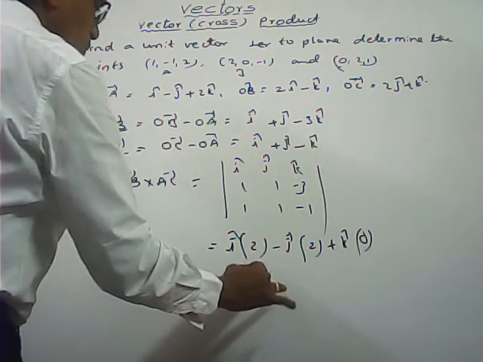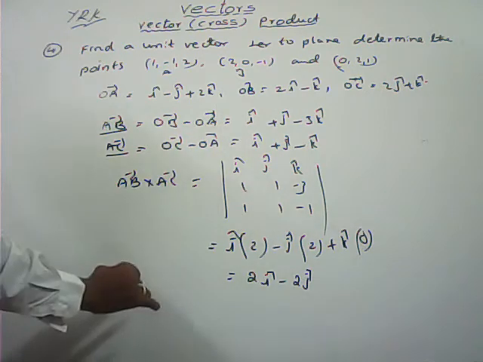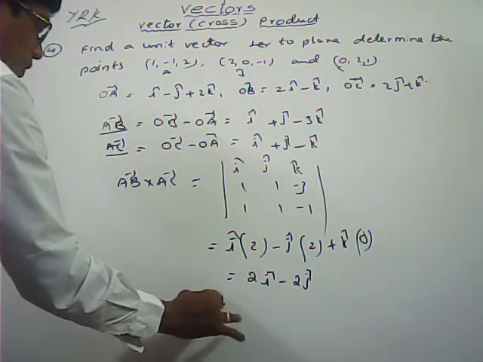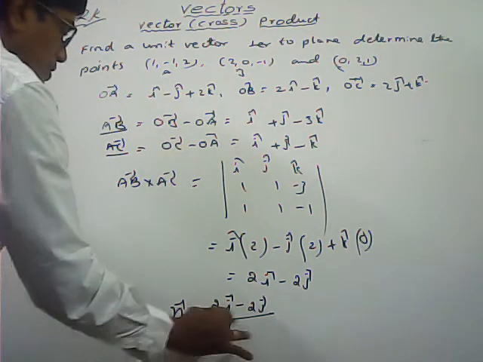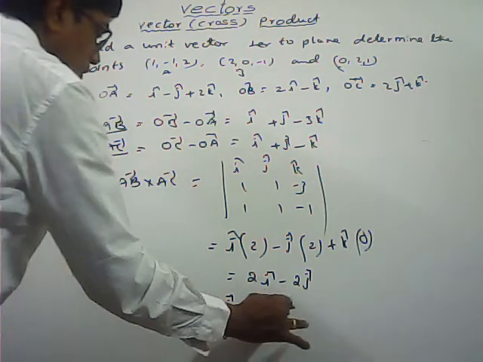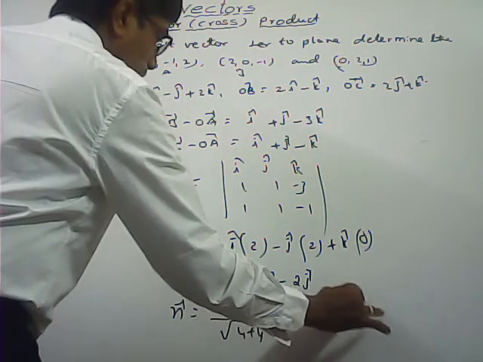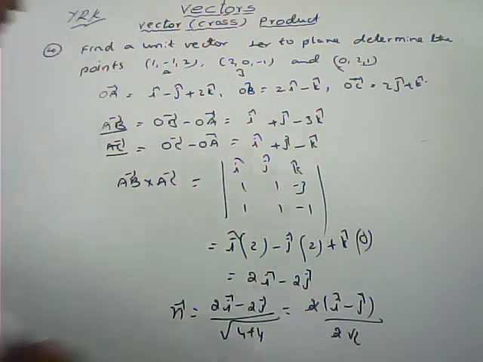So 2 i cap minus 2 j cap. Here what are they asking? Unit vector. So AB bar cross AC bar, 2 i cap minus 2 j cap, upon its modulus, root of x square plus y square plus z square only. If I take 2 as common, i cap minus j cap, and 8 we can write as 2 root 2. Here 2 we can cancel. So i cap minus j cap by root 2.